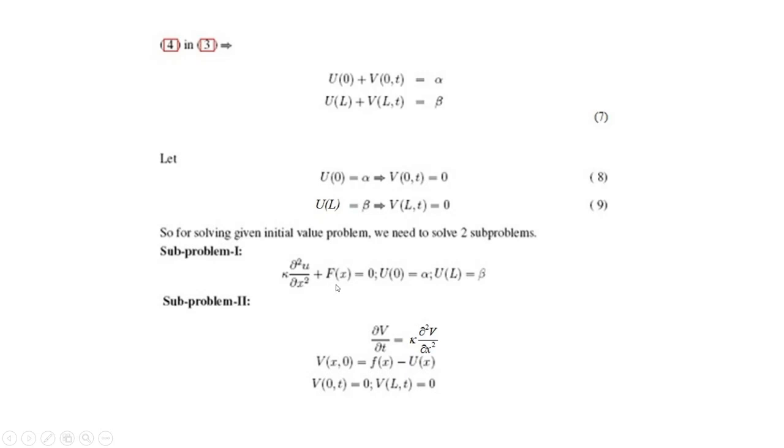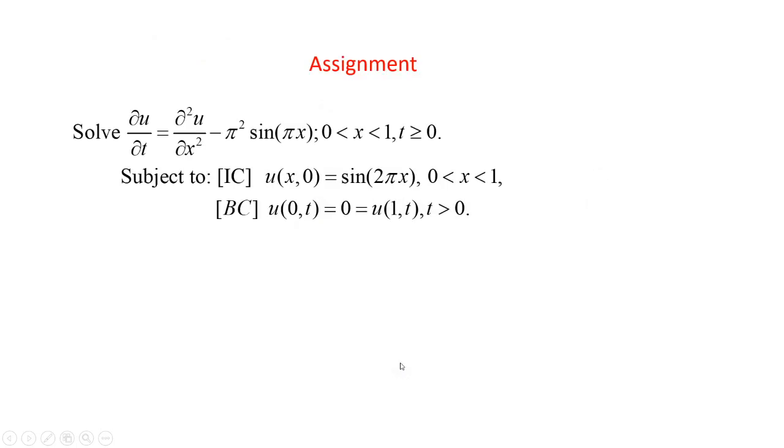But here you will have to solve these two equations, because you know your capital F of x and your small f of x, and hence you can get your capital U of x, use it in this equation and try to solve it. Try to solve this by using what we have discussed just now: how to get into subproblems 1 and 2, and then solve those subproblems to get the complete solution of this inhomogeneous one-dimensional diffusion equation by using the variable separable method.